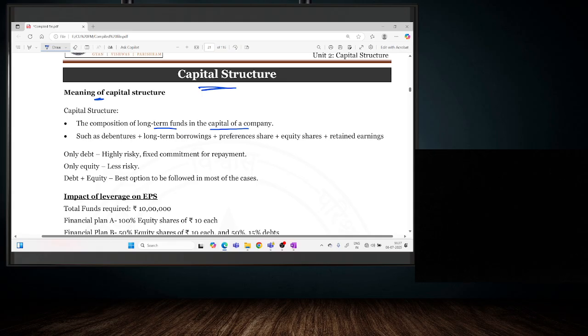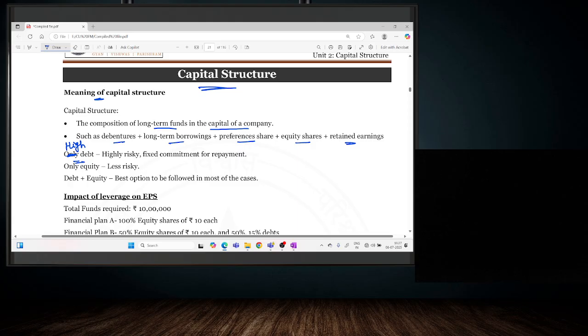So capital structure includes the composition of long-term funds such as debentures, long-term borrowings, preference shares, equity shares, and retained earnings. Now, by definition, a company cannot have only debt, according to the Companies Act 2013. Let's say a company has a higher level of debt.